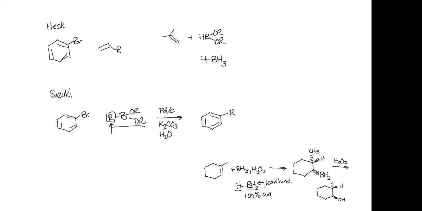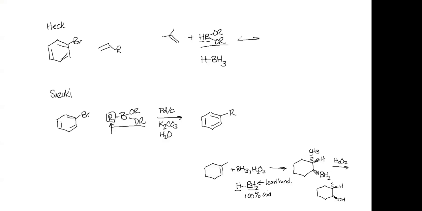That's how we know that this one was anti-Markovnikov, 100% cis. So this reagent, this hydrogen with the BOR groups, is going to do exactly the same thing. We're going to add the H and the boron to any double bond 100% cis, with the boron group going on the least hindered carbon.